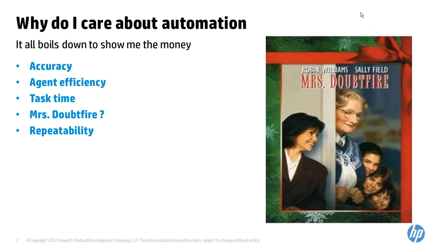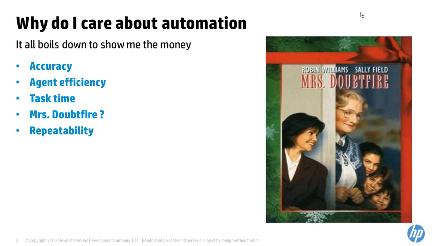Doubtfire. And you're probably looking at this slide going, all right, sure, I don't understand what Mrs. Doubtfire has to do with automation in IT, so I thought I'd explain that. Mrs. Doubtfire is a movie, and those of you who know me and follow my blog know that I love to link movie references into IT service management topic areas. Mrs. Doubtfire is a movie about a man who changes his character to be an old woman so that he can babysit his children.